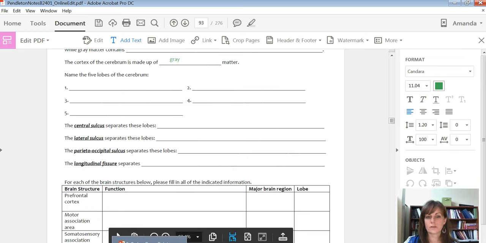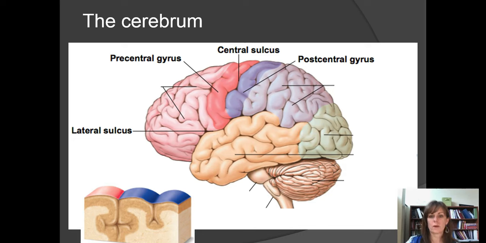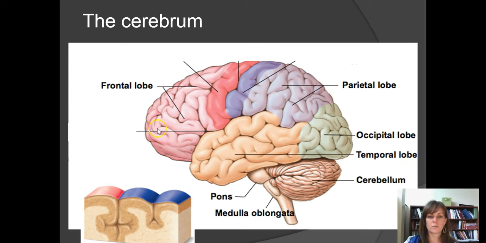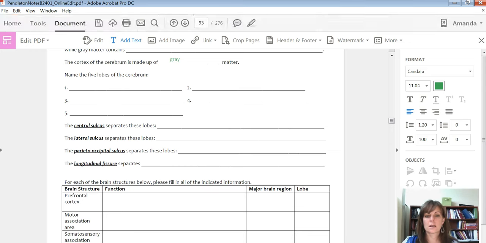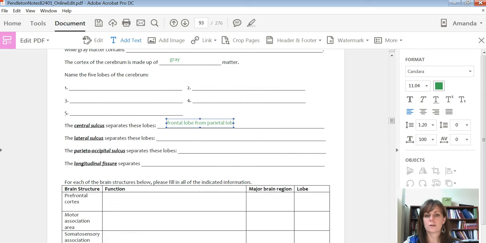I'll do the first one and you can do the others. So as a reminder, here's that central sulcus. Well, what lobes does it separate? It looks like it separates red from blue. And if we look on our sheet, that would be separating the frontal lobe from the parietal lobe. So these are all landmarks. We would go here, it separates these lobes, frontal lobe from parietal lobe.